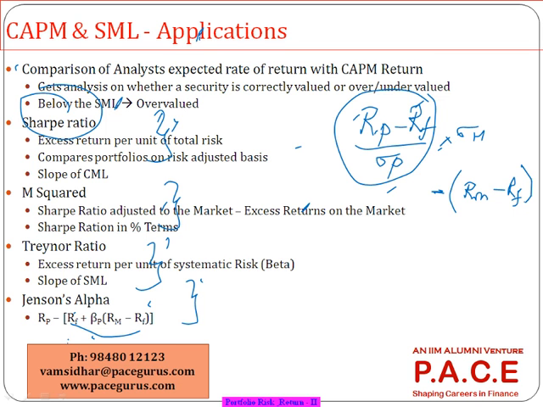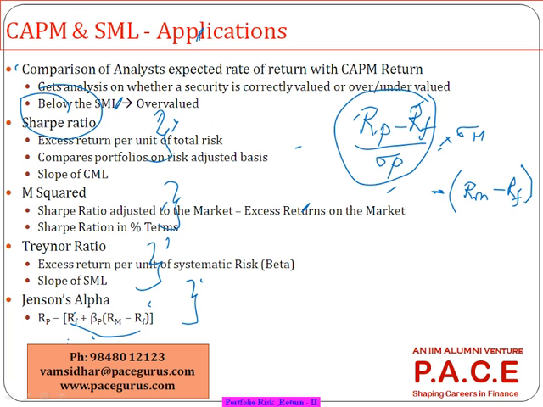But let's say the market risk is only 5%. So what is it that I am saying? If for 8% risk, this is the excess return, for a 5% risk, what is the equivalent excess return?